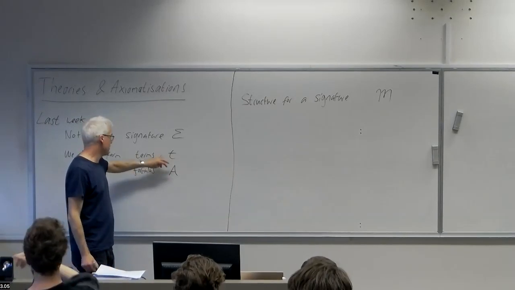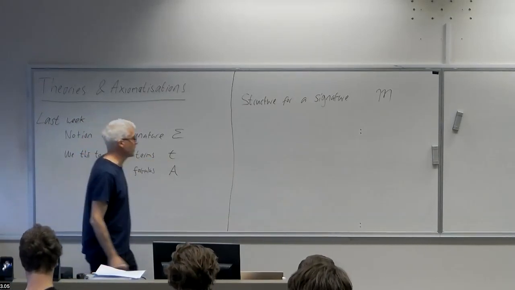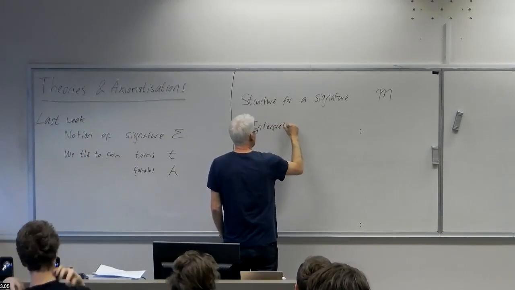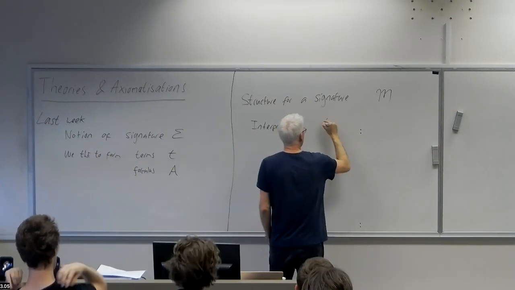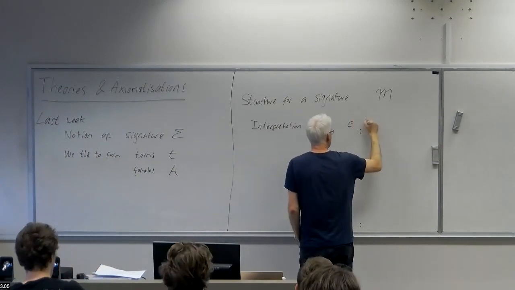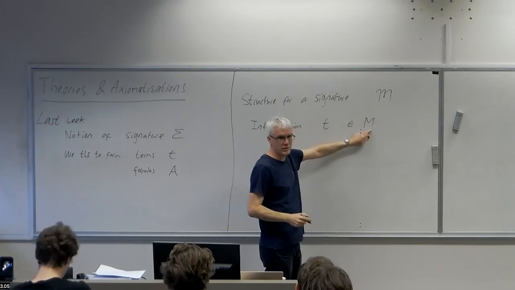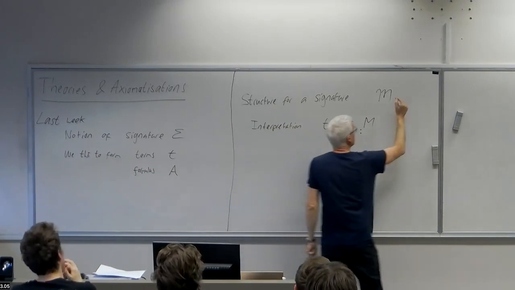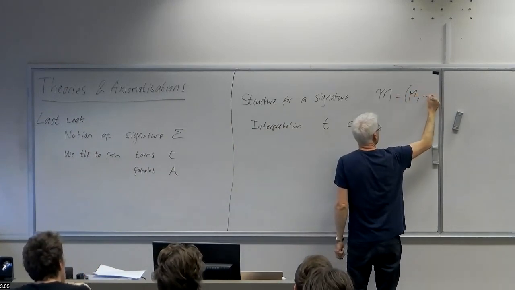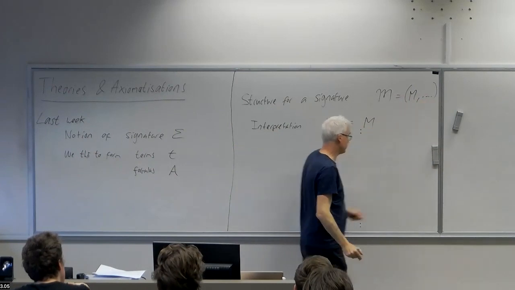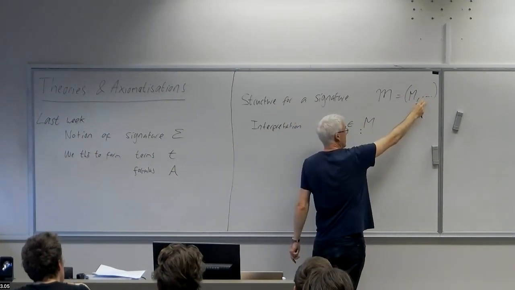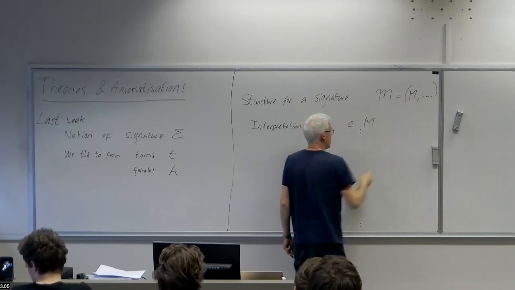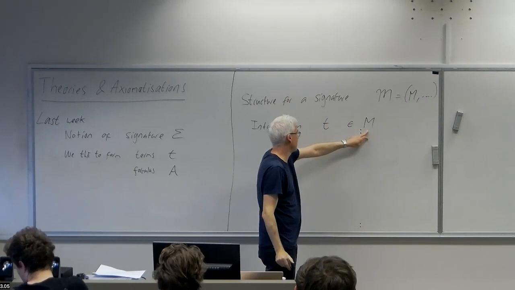So we have the interpretation of a term in a structure M. The interpretation of a term in the structure is an element of the carrier set of M. So this has an underlying set and then some interpretation of the functions and predicate symbols. The underlying set, we use the same letter, but it's no longer curly. It's just a capital letter for the underlying set.